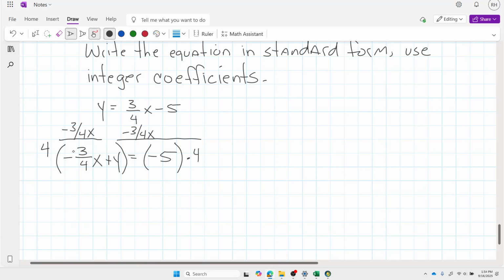So 4 times negative 3/4, well, the 4's would cancel out, and you'd be left with negative 3. So we get negative 3x plus 4y is equal to negative 20. And that is your equation in standard form with integer coefficients.